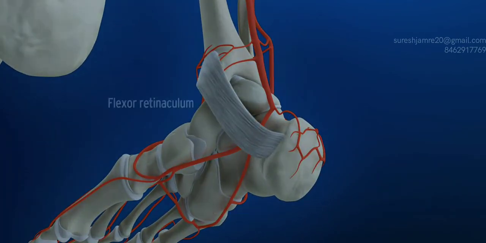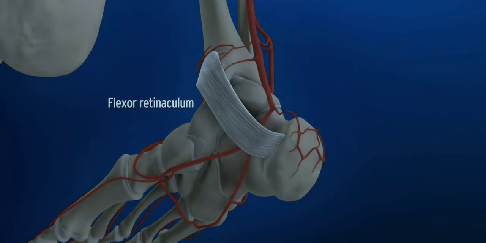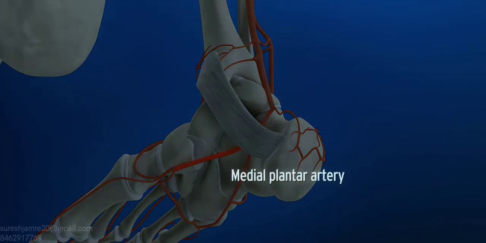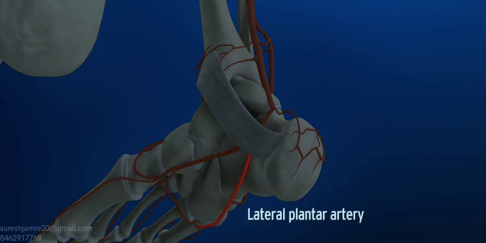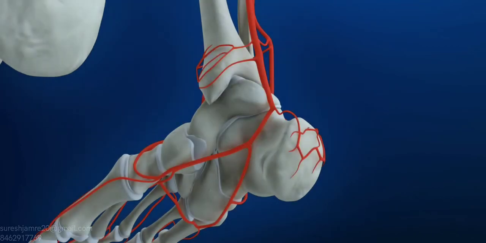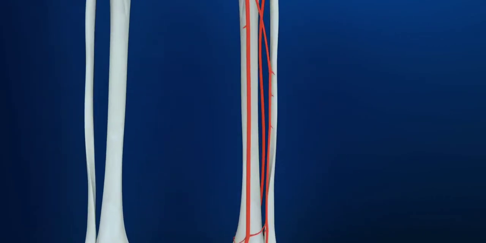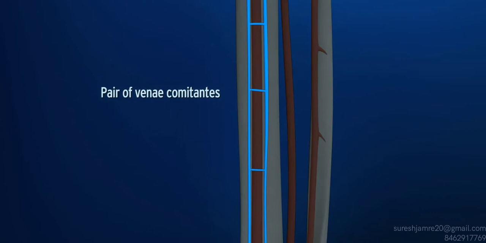It ends beneath the flexor retinaculum by dividing into medial plantar artery and lateral plantar artery. It is accompanied by a pair of venae comitantes.